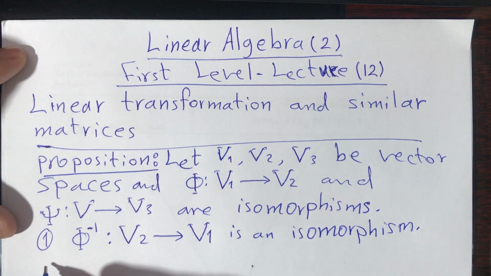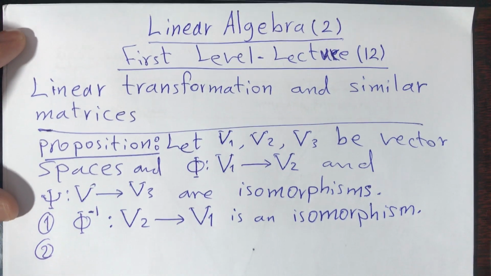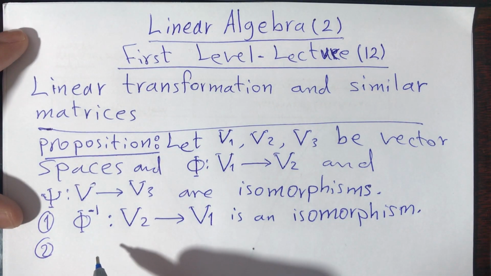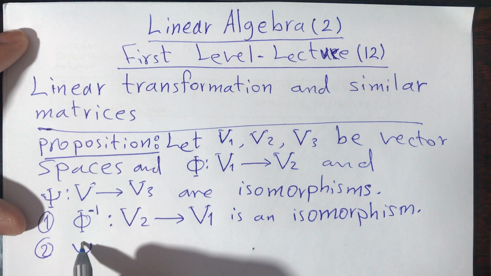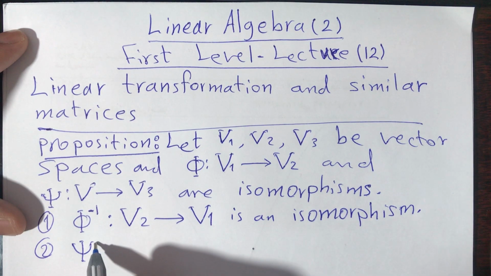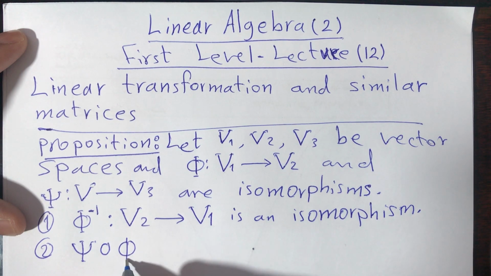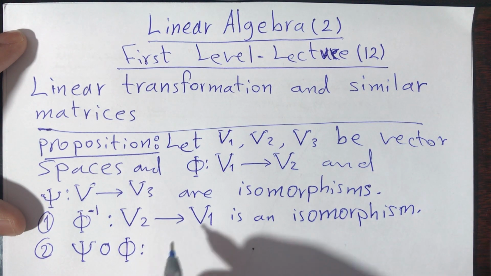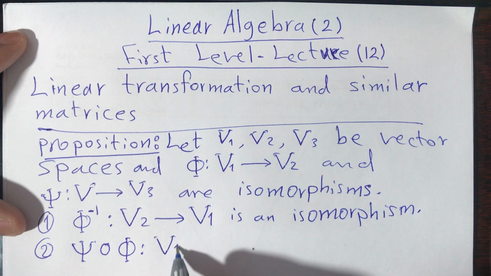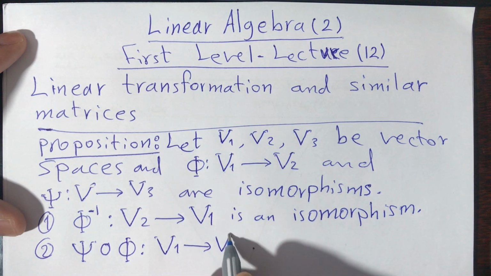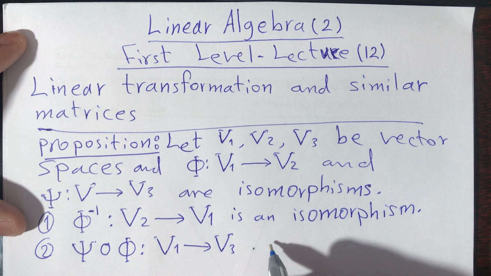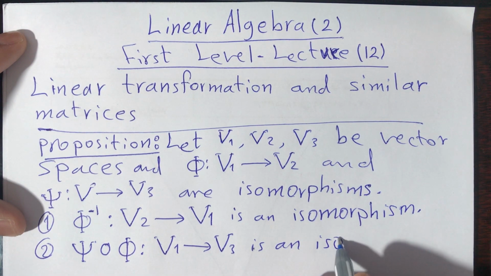Number 2: psi circle phi defined from V1 into V3 is an isomorphism.